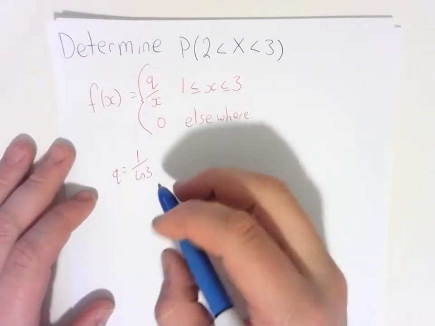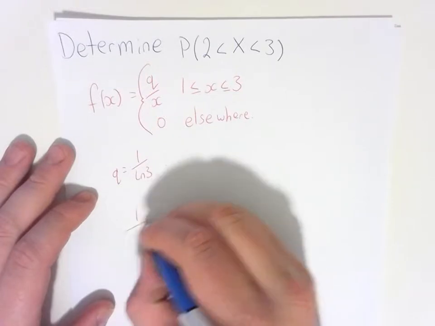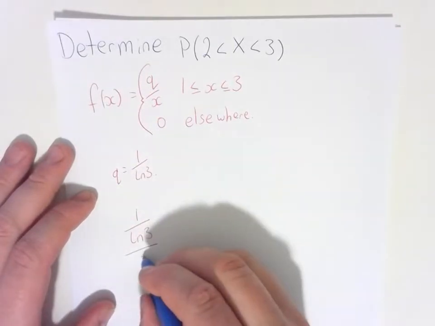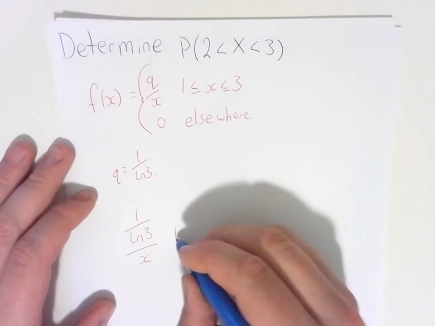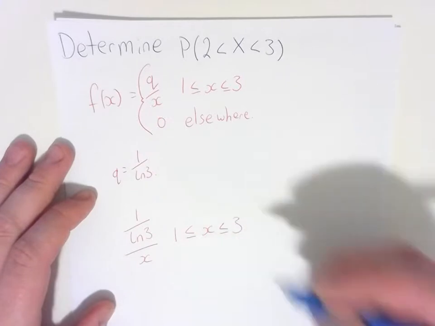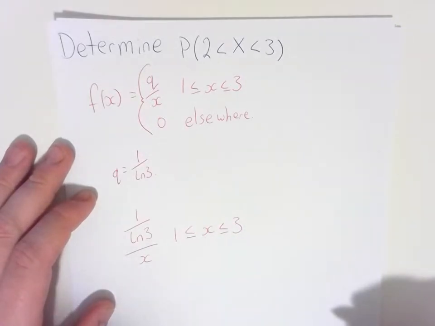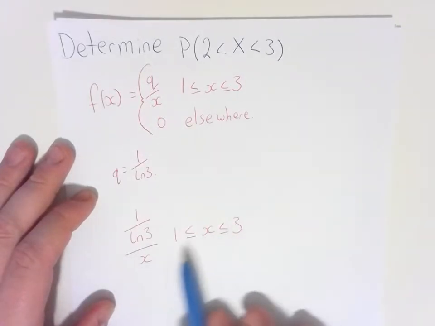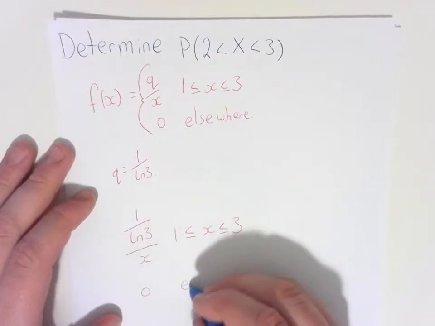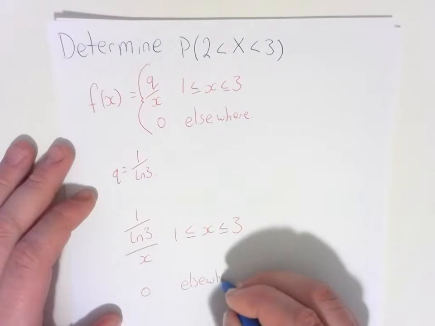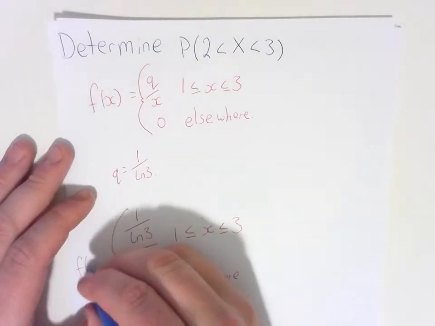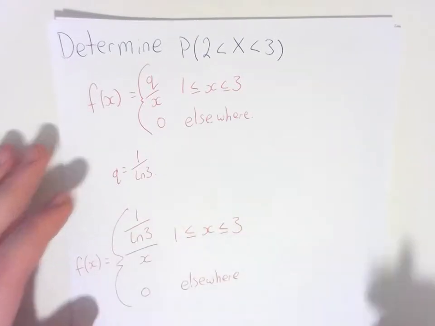We can now say that 1 on the ln of 3 on x, between 1 and 3, and 0 elsewhere, is my probability density function.